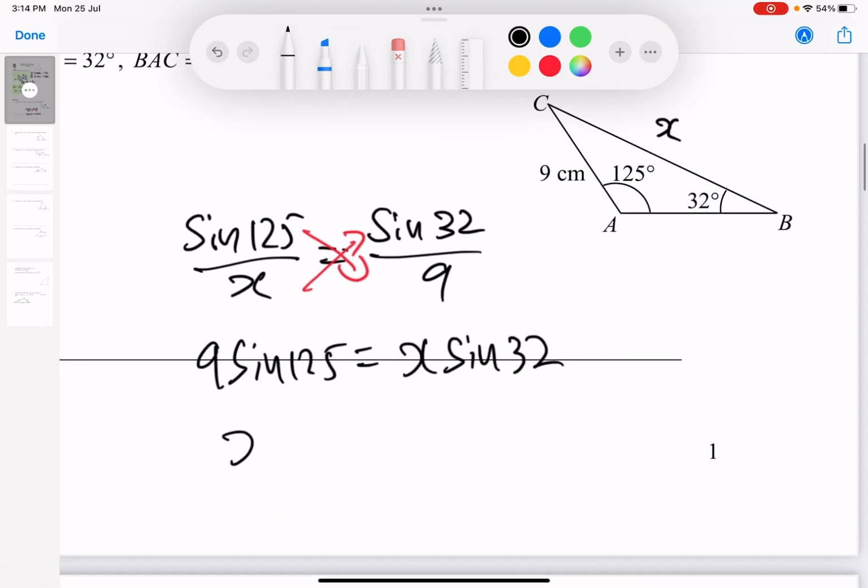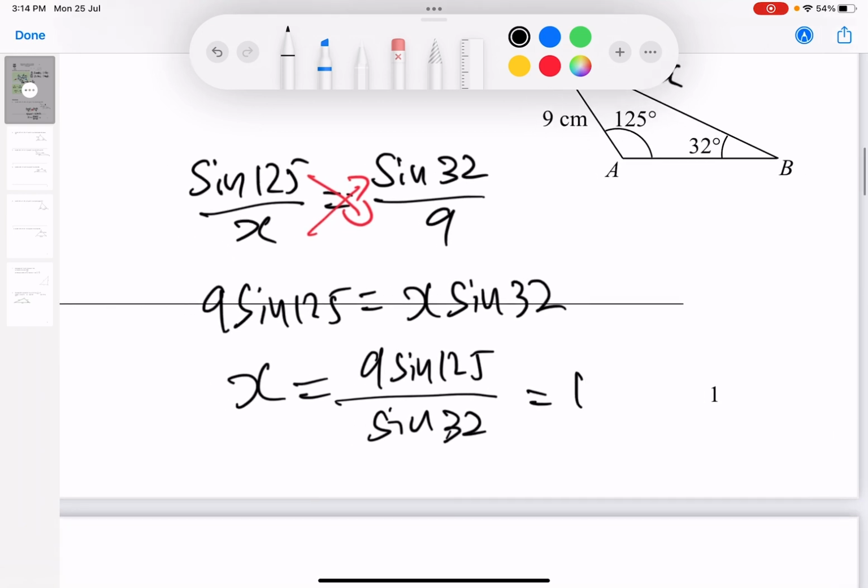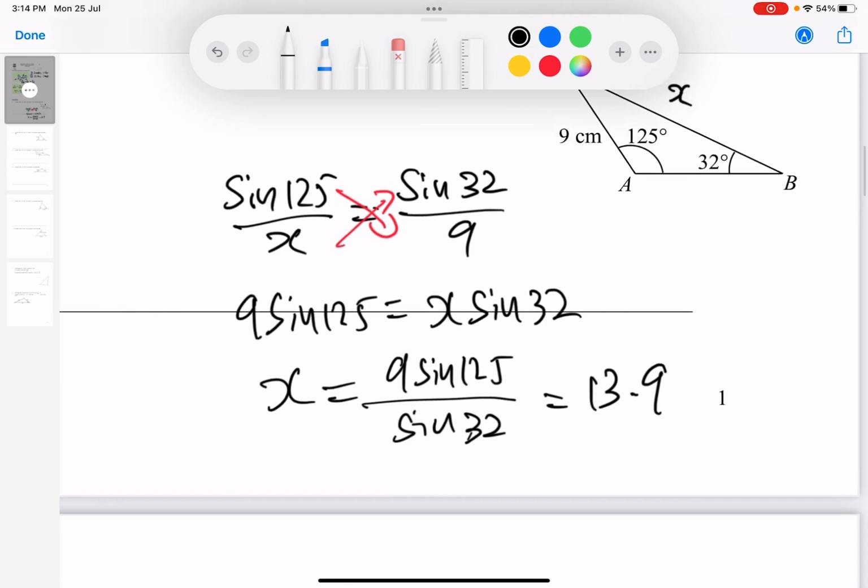So if you enter into your calculator, x is equal to 9 sine 125 divided by sine 32. Make sure your calculator is in the degree mode. If you do that, you realize that your x is 13.9. This is to 3 significant figures.